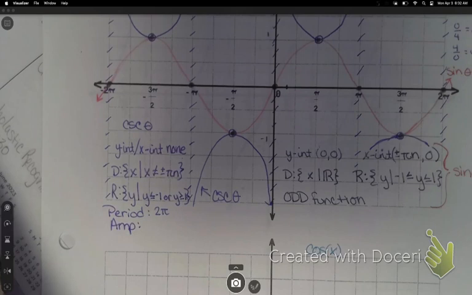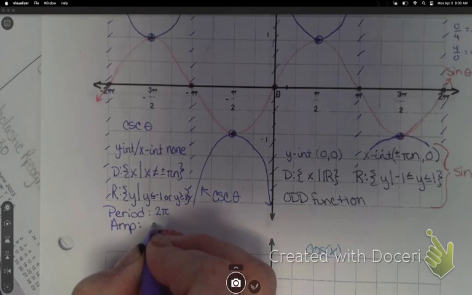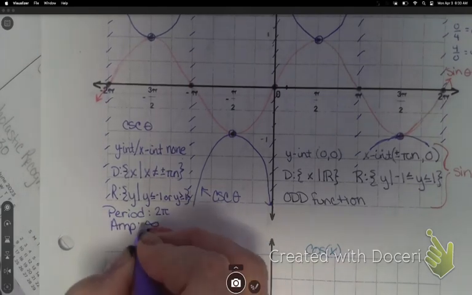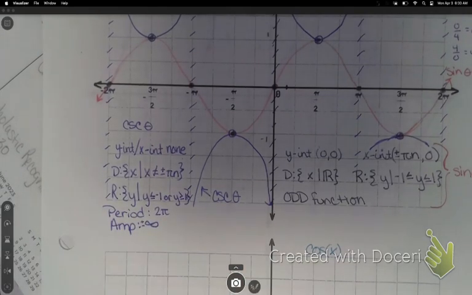No. I usually say it doesn't have an amp. But then when I say it doesn't have an amp, what do you think of? Something that goes up and down or something flat? Flat. But it does go up and down. So what do you think? Do you want to call it an infinite amplitude? Okay. And it's plus and minus, yes? Goes to both?